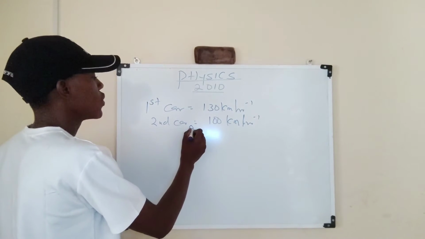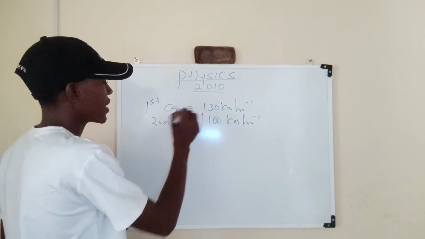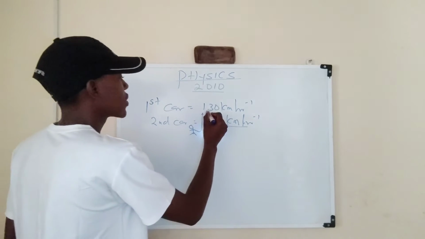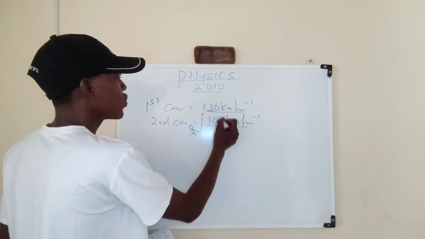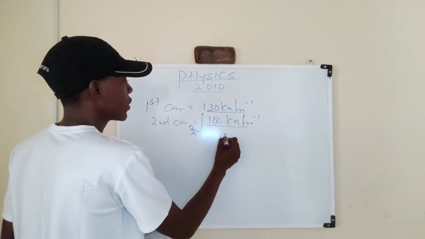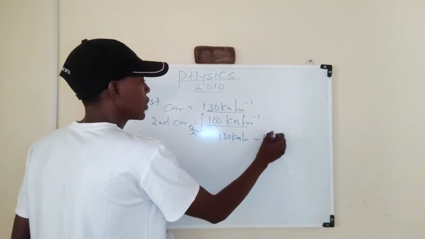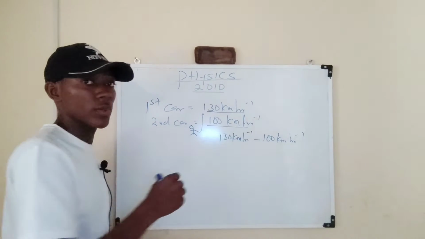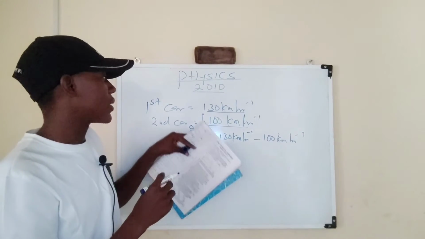They are asking at what speed this observer is going to see this car pass him by. Already he is covering 100 kilometers per hour, and this one is covering 130 kilometers per hour. The difference between these two is simply 130 kilometers per hour minus 100 kilometers per hour. Are we getting it now? That is the speed difference between the observer in this car and the observer in the other car.